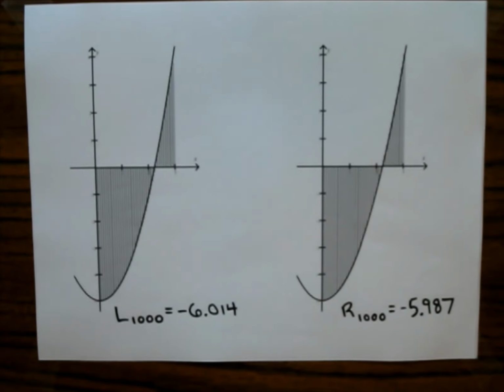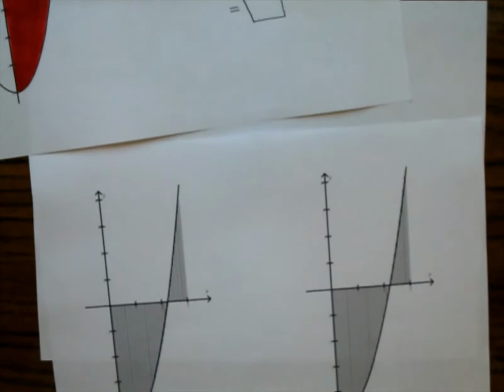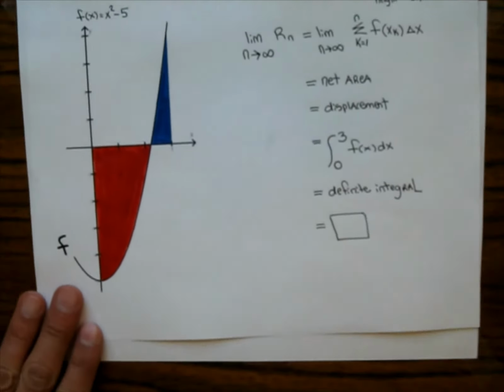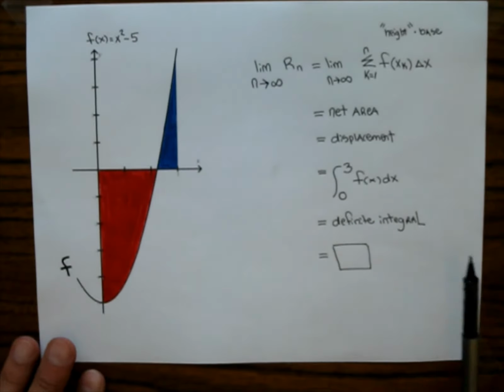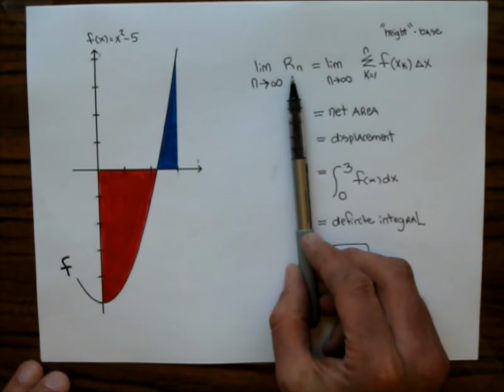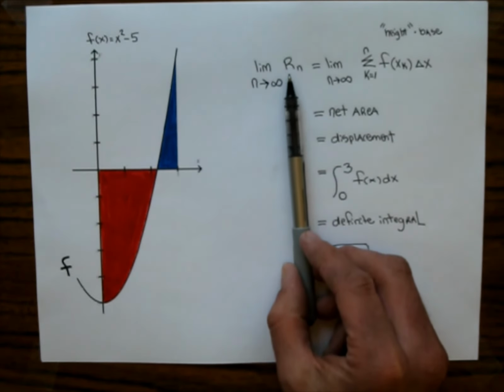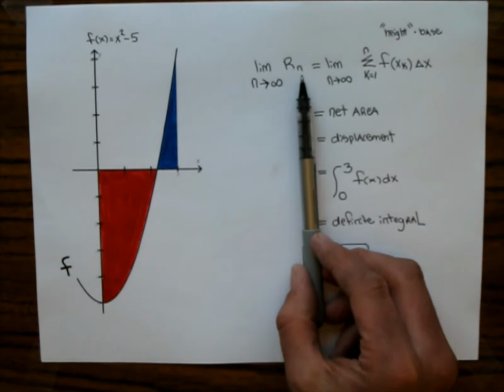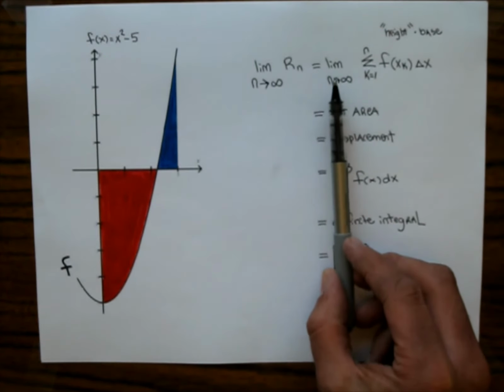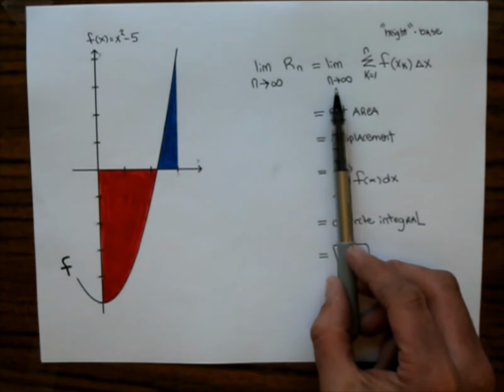If I were to keep throwing more and more rectangles onto that curve, I would actually get the exact area. So that's what it would look like. Let's just take the right Riemann sum, but you could have put Ln there, or even the midpoint Riemann sum. You take the limit as n goes to infinity.